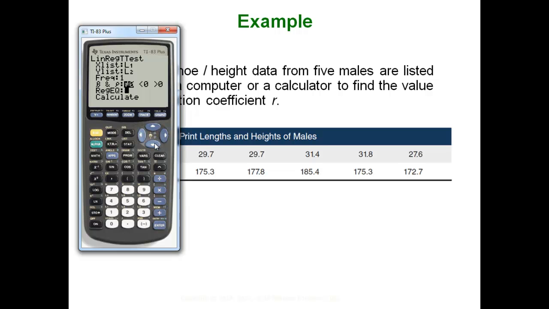RegEQ is a very cool thing: if you tell it a Y variable, it will populate your Y= screen with your regression equation. So back here on this screen, go down to RegEQ, hit VARS, Y-VARS, Function, and just choose one.